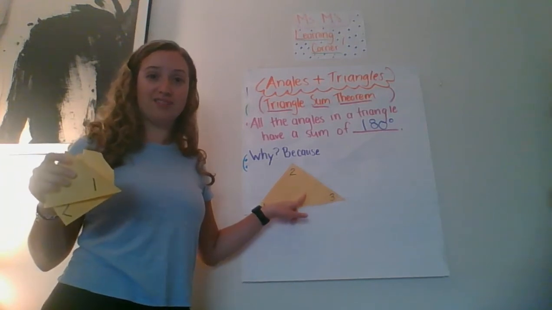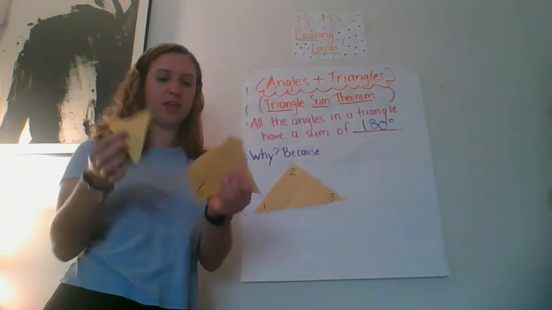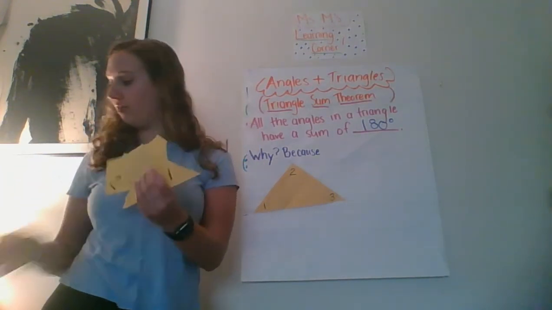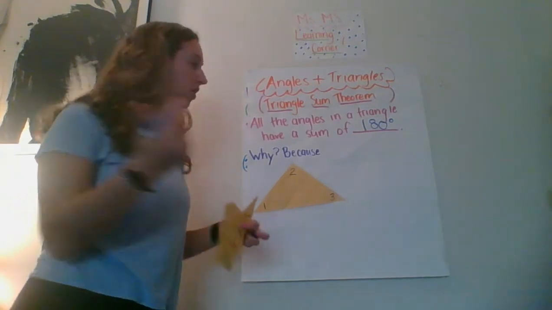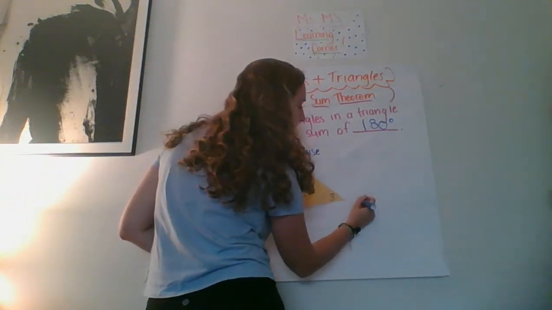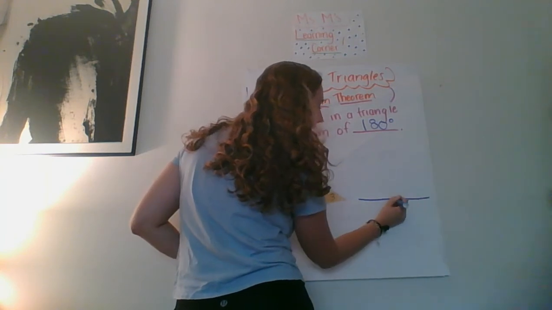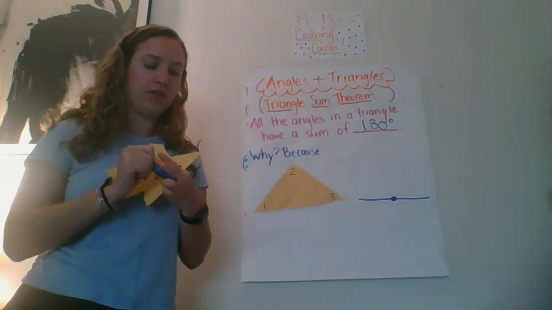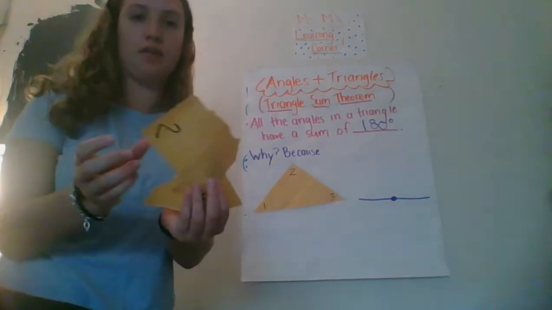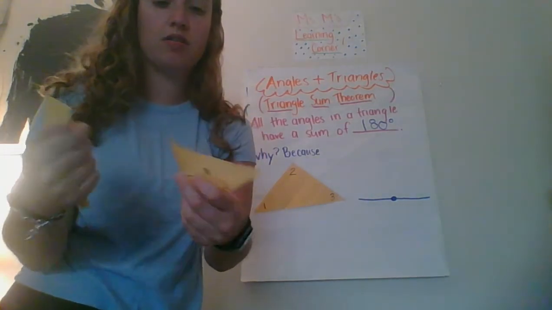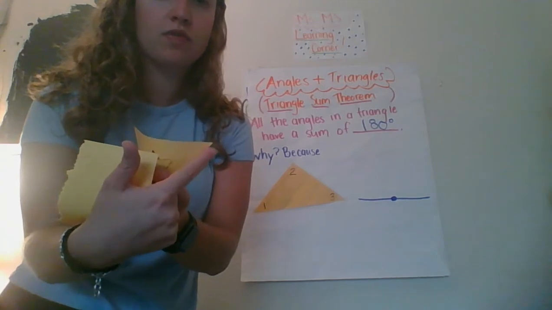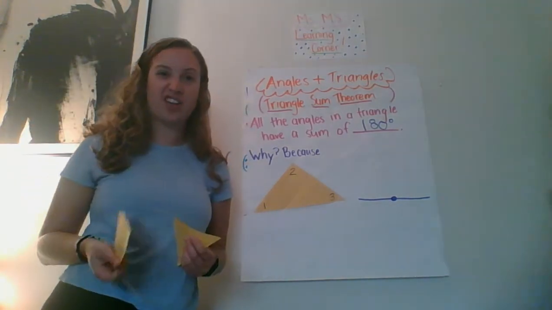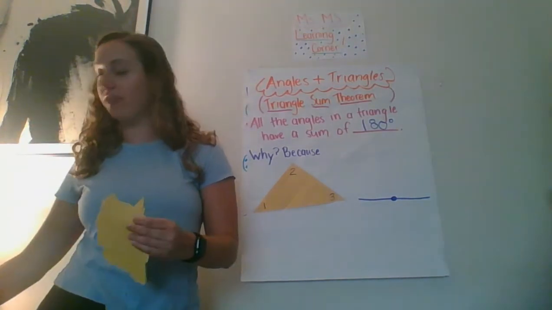The reason they equal 180 degrees is because if we take our 3 angles that we chopped up, and let's say we draw a line, and we want each point of our angles that we just cut up, so like this part, or this part, we want to match them all together kind of like puzzle pieces on that line.